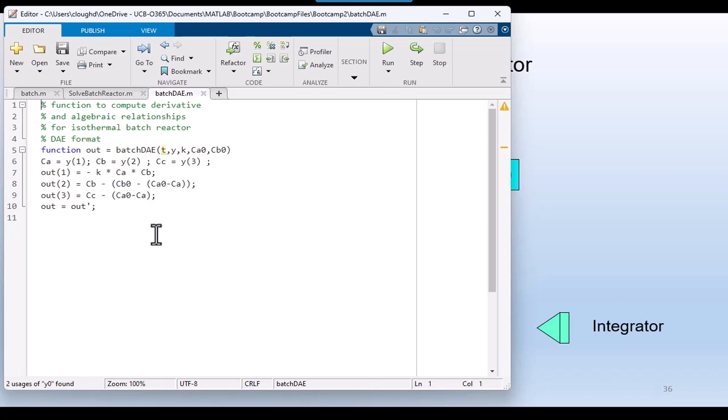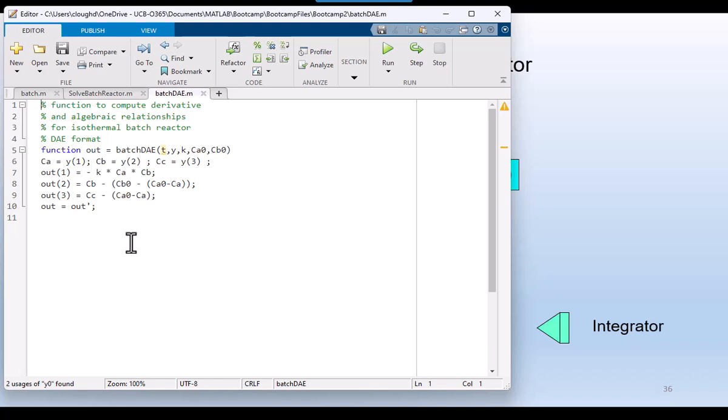So it turns out that MATLAB has a neat way of solving this type of a system called a DAE. And you'll notice once we compute our three outs, we transpose that to the out variable, which includes the differential equation rate of change plus the results of our two algebraic equations.